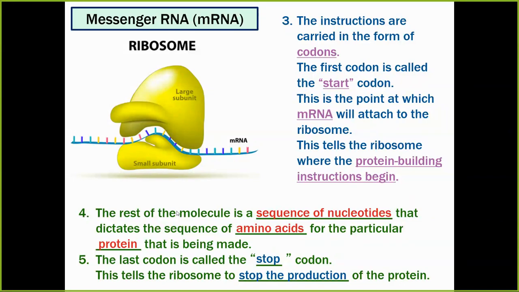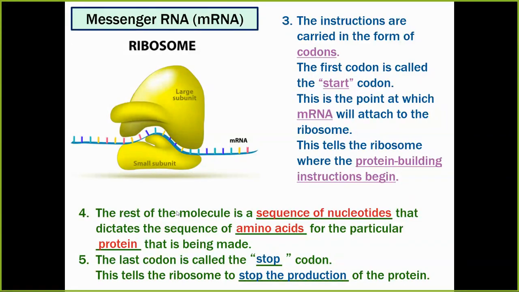Now, that protein might be the protein that you need to digest milk. That might be the protein that you need to have a higher immune response. That might be the protein that you need to have melanin in your skin. I'm not sure what protein it will be, but it will only be for a specific protein.